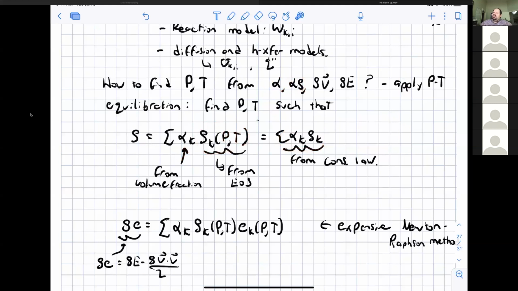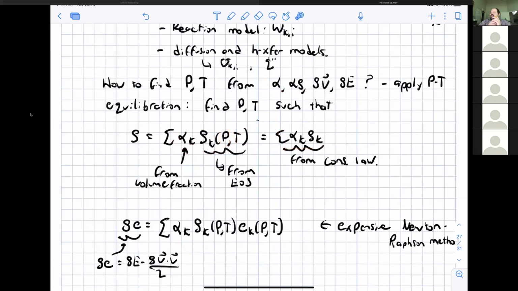So this provides one equation. We know what this is, and we know what the volume fractions are. We have our equation of state, so we know a functional form, but we don't know pressure and we don't know temperature. So that's one equation.